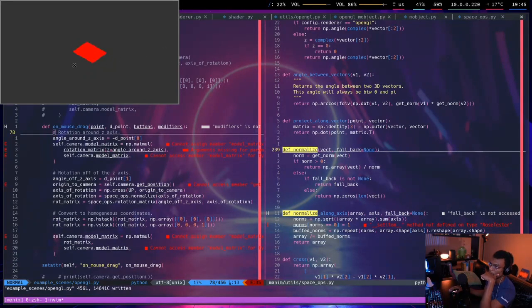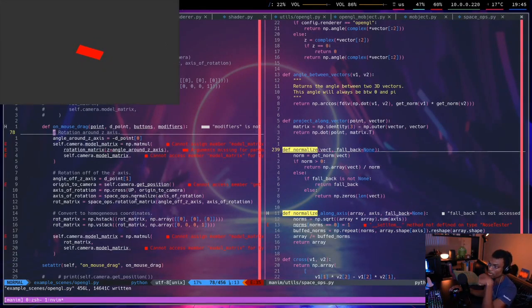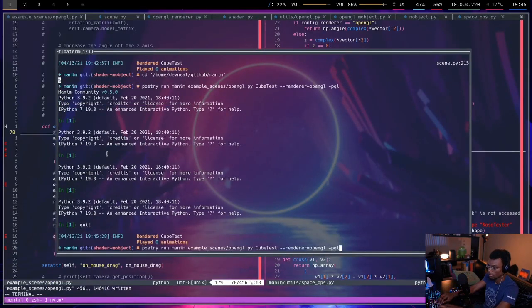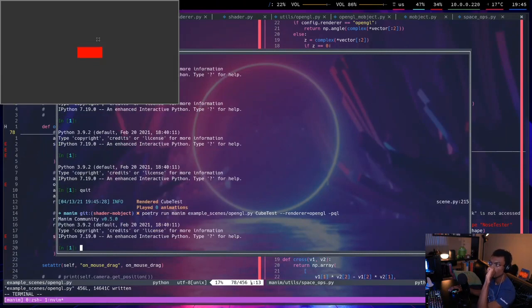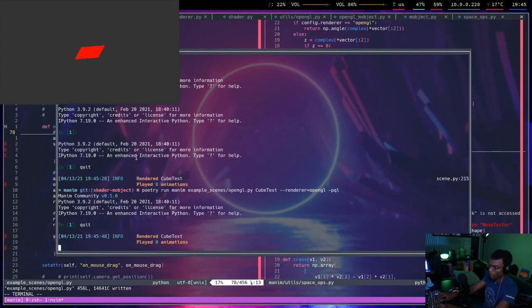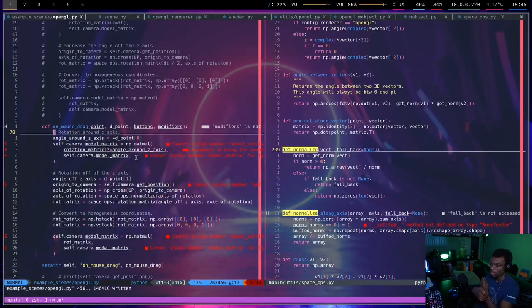I think it got more confusing somehow. What in the world? Yeah, if I rotate by 90 degrees and then do this, it rotates around the wrong axis. But how could that even be?